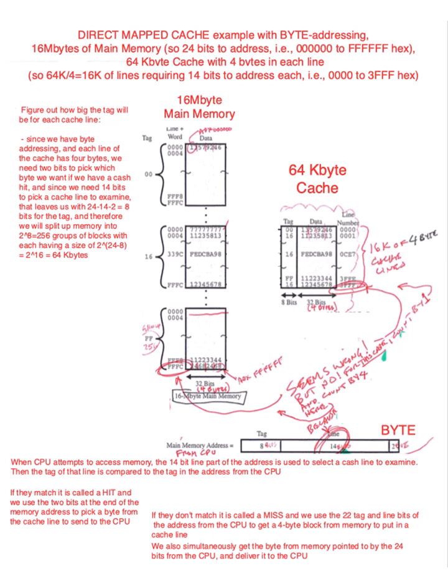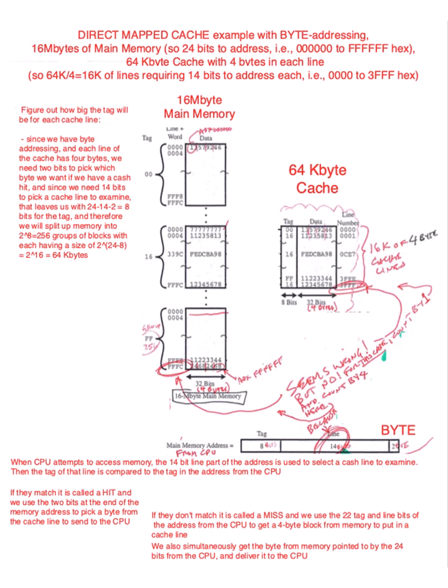So then we know the size of the tag, and therefore we know how to split up memory into groups of blocks. That's a trick here. Groups of blocks, and in each block, the same spot in each of the blocks corresponds to 1 slot in the cache for the direct map.